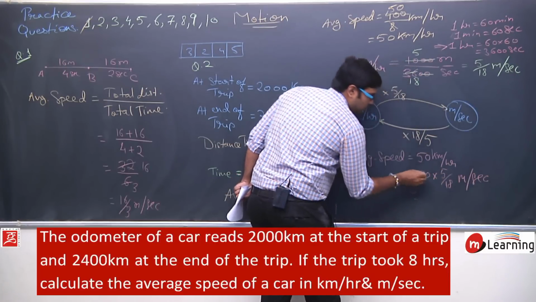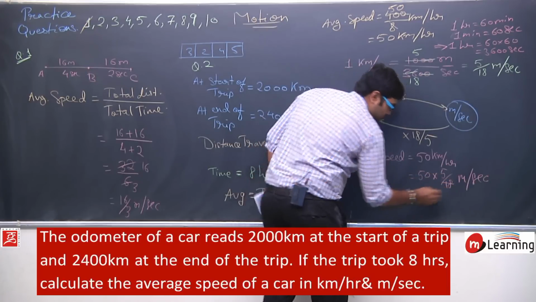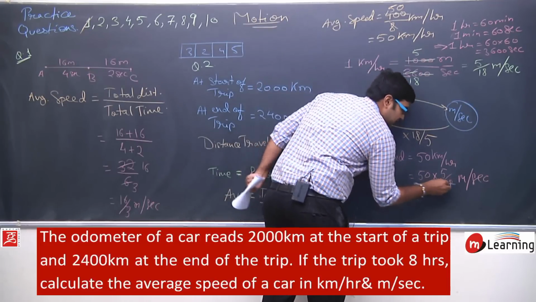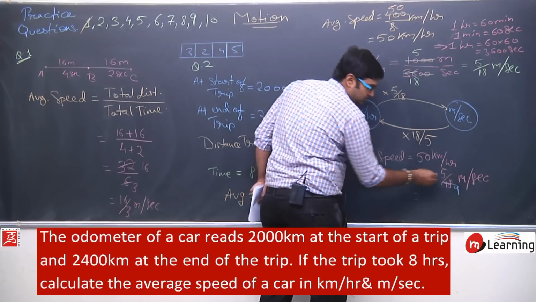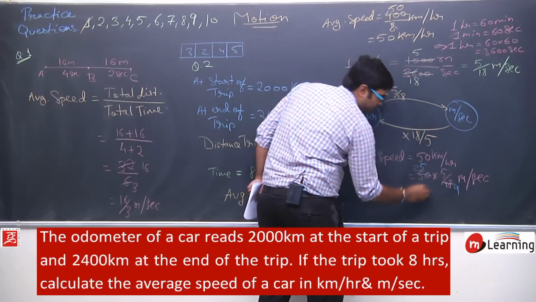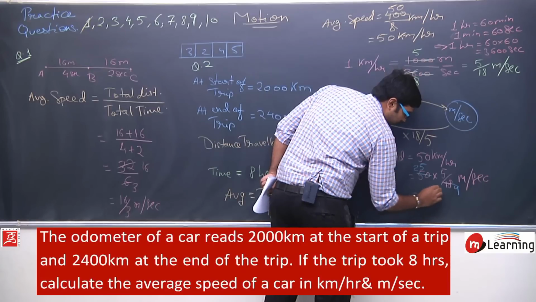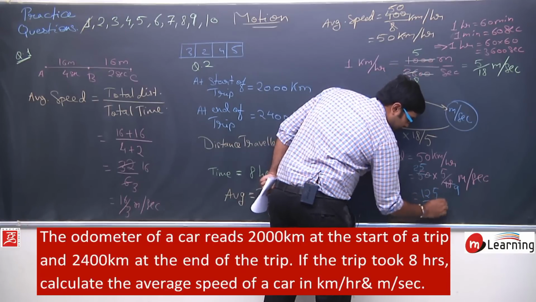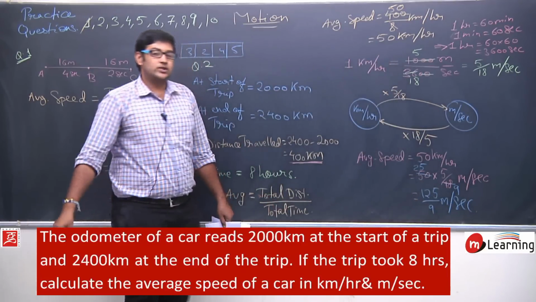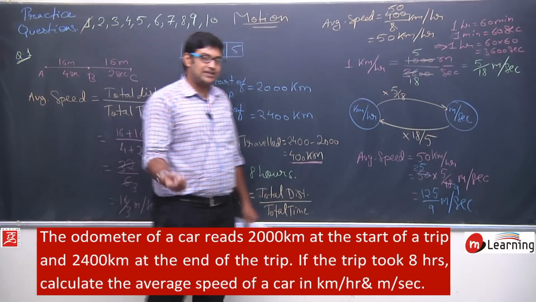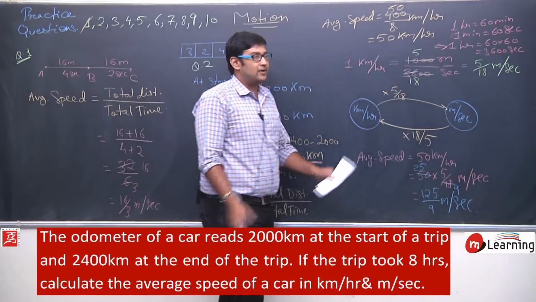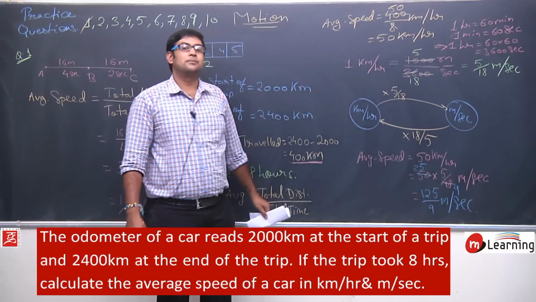Now you can solve this: in 18, 9 2s are 18, and this is 25. So 25 into 5 is 125 upon 9 meters per second. So in meters per second, my average speed is 125 by 9 meters per second, and in kilometer per hour it is 50 kilometers per hour.